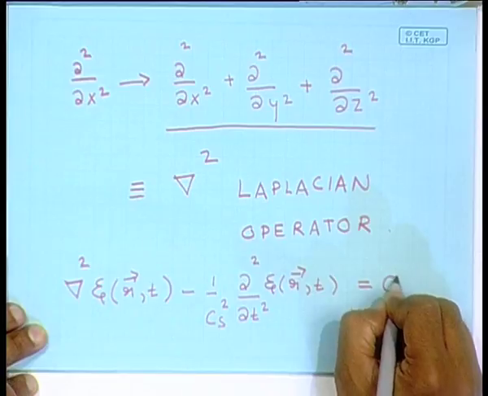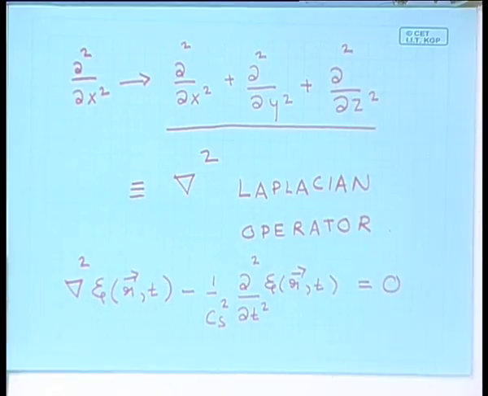This is the most general equation that you could have for the disturbance, where the disturbance is now free to propagate in all three directions x, y and z, which we denote by this vector r. This equation is called the wave equation, the three dimensional wave equation.